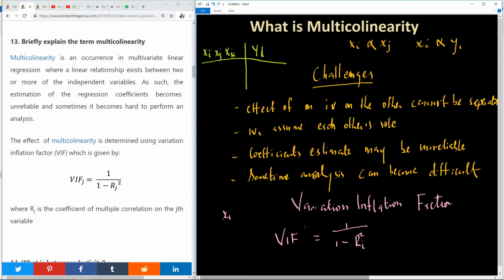Then Rj is the coefficient of multiple correlation on the j variable. In this case we are talking about i. It helps you to find out the correlation caused by xi on other variables.